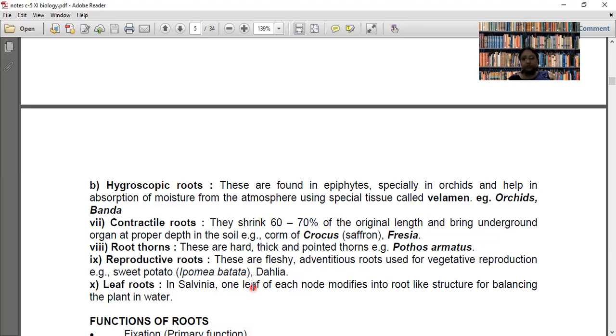Leafy root is possible. One of the leaves of each node is modified into a root-like structure. So why is it done? Because Salvinia is a crawling plant. As it is a crawler, it crawls on the surface of the soil.